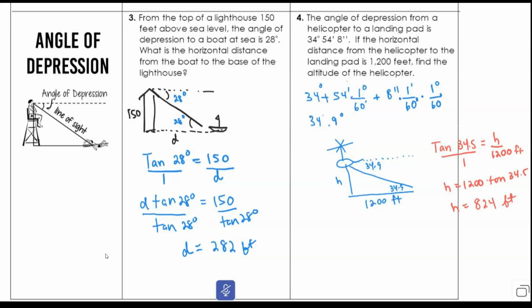So we have h is equal to 1,200 times tangent of 34.9. So let's go to our calculator, and we have 1,200 times the tangent of 34.9, and so the altitude is 824 feet.